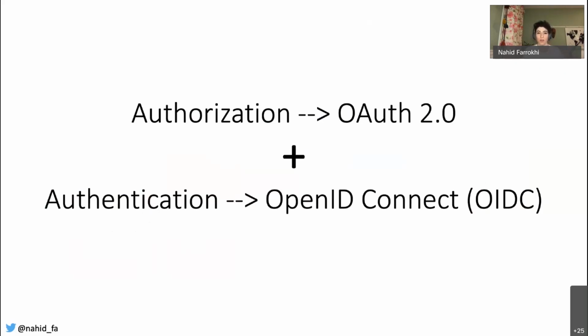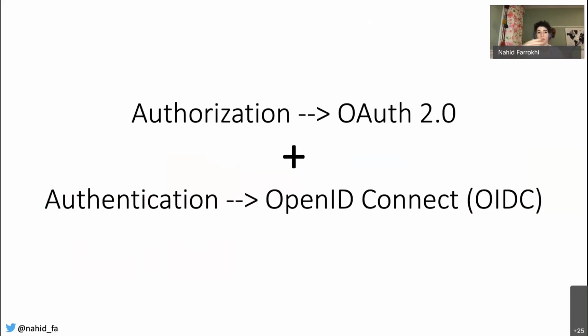OAuth works over HTTPS, and it can work on devices, APIs, servers, and applications. It works using access tokens rather than credentials. In fact, OAuth came to the picture for delegation, and to avoid the password anti-pattern.